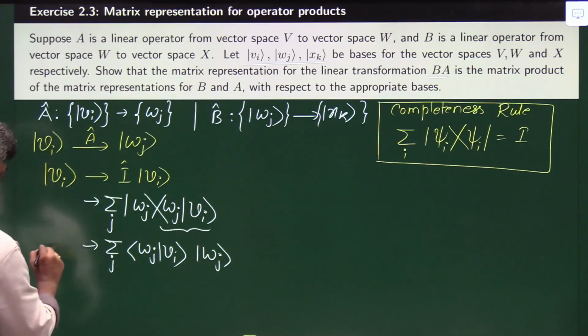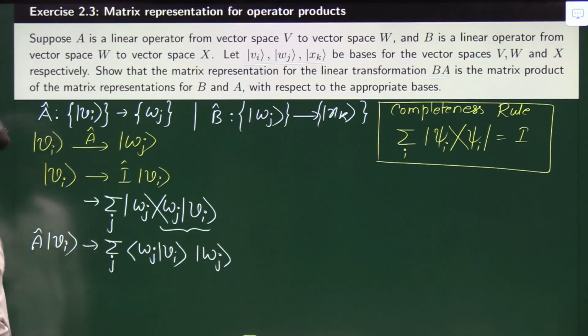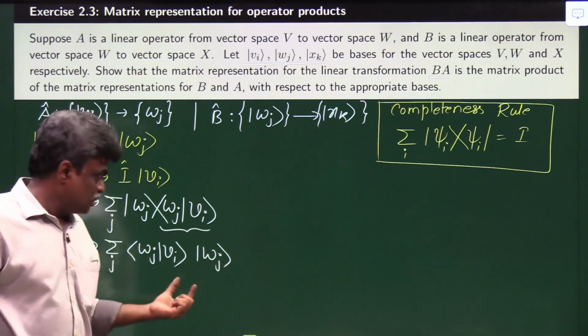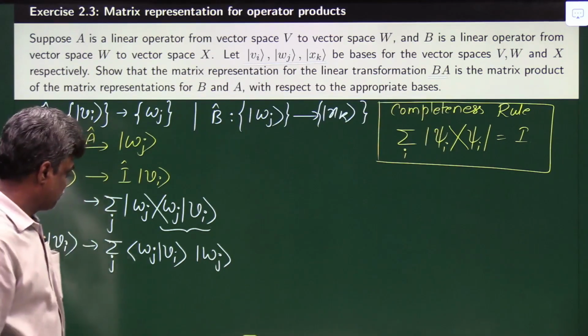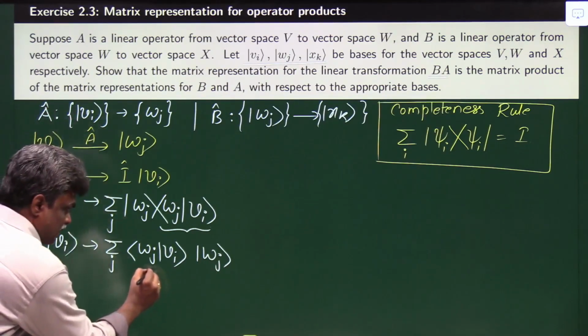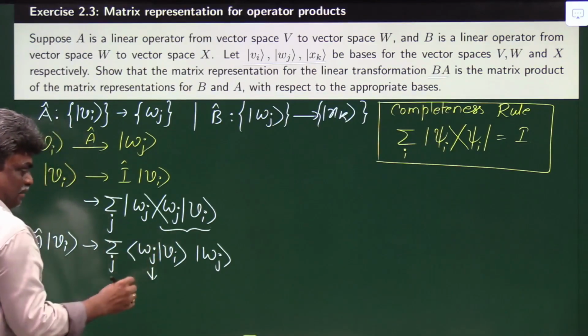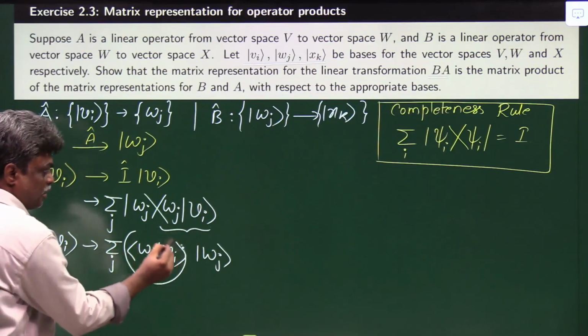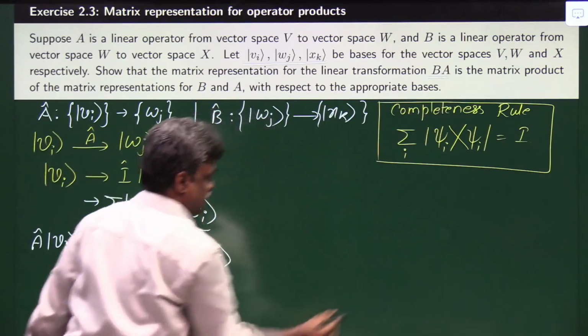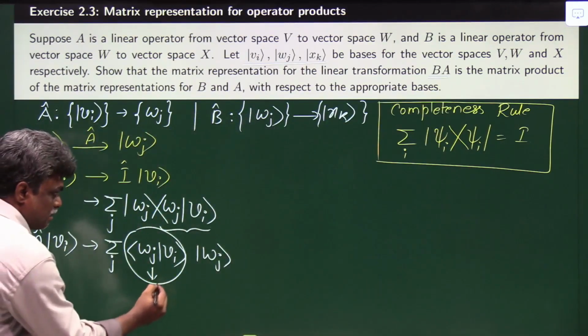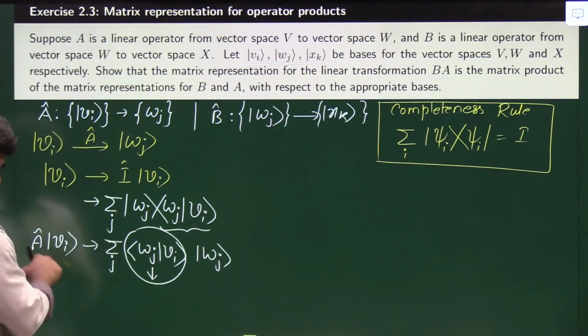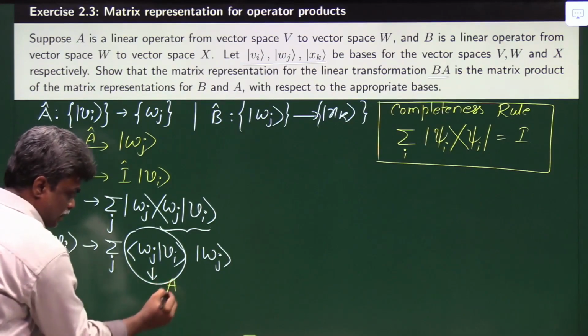We can write like this: the A operator operates on Vi, and we get a linear combination of Wj. And what about this? This inner product, whatever you have written here, is the matrix element. So what is that matrix element? This is the matrix element corresponding to A.